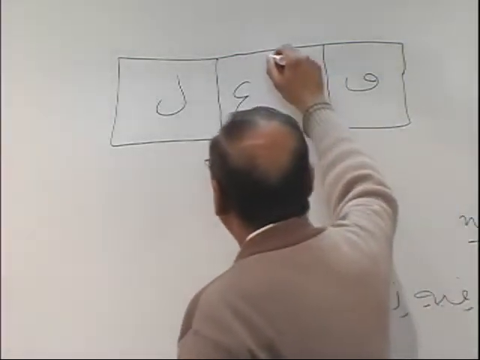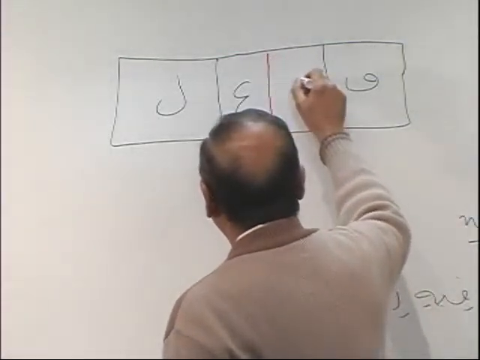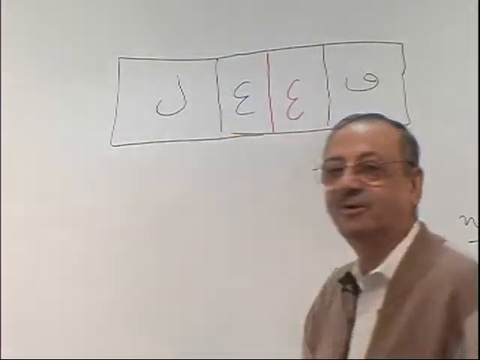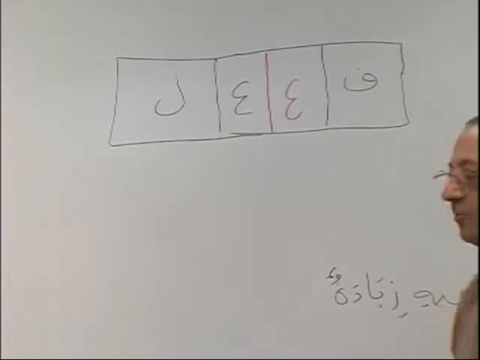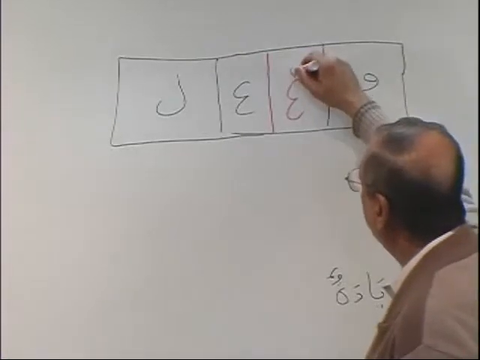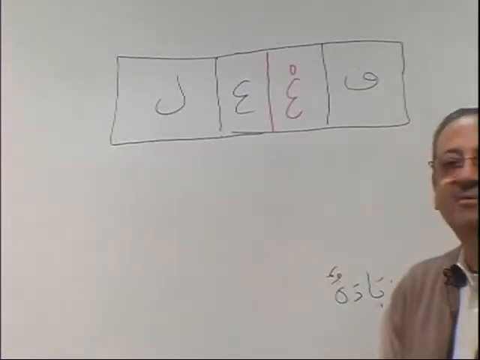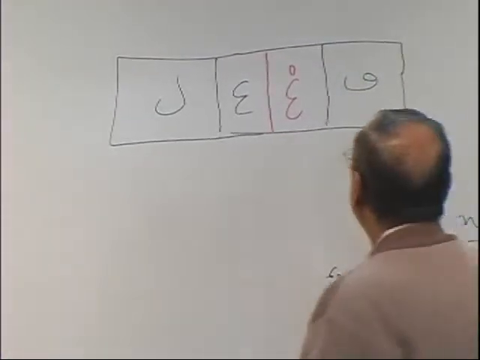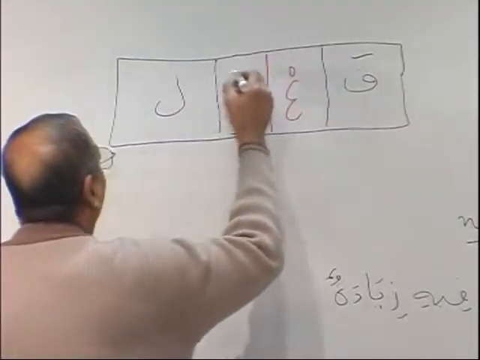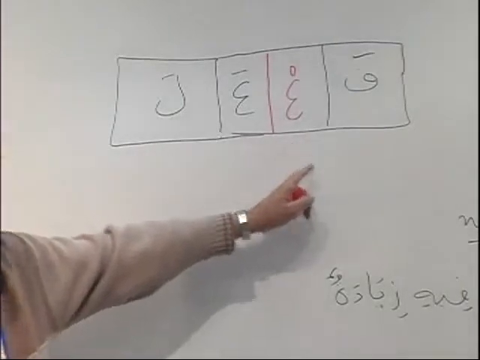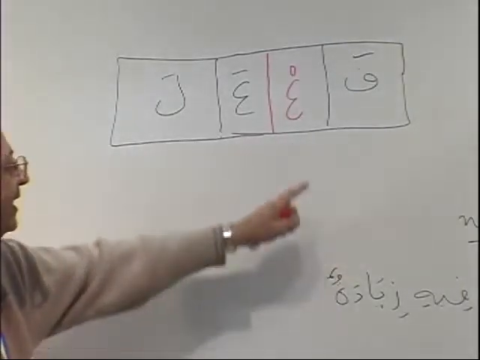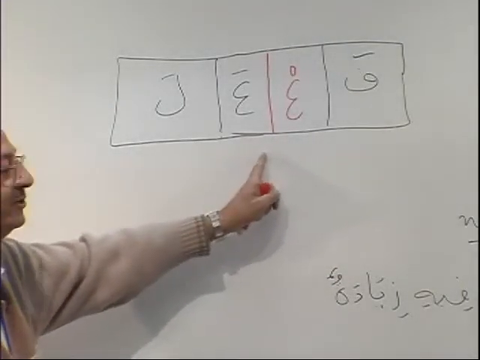So you have here now a small room and you put ayn there. Are you with me? In the same space you put another room. And it is brother with sukoon. Are you with me, brothers and sisters? So this is your fa, a, la. Ayn is repeated.